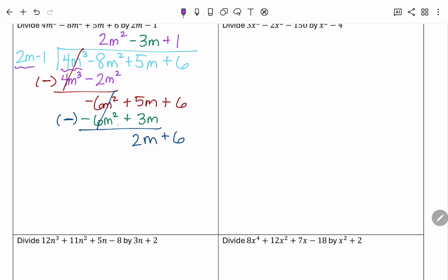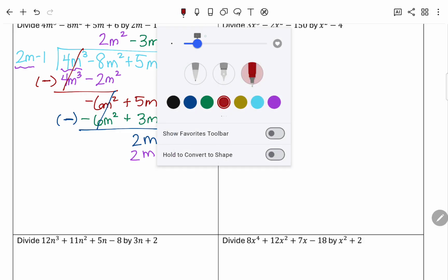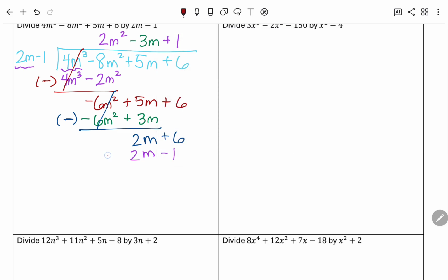This is how your work needs to be organized so it all lines up. So let's do this. 1 times 2m and 1 times negative 1. Now we're going to subtract. 2m minus 2m. 6 minus a negative 1 gives us 7.